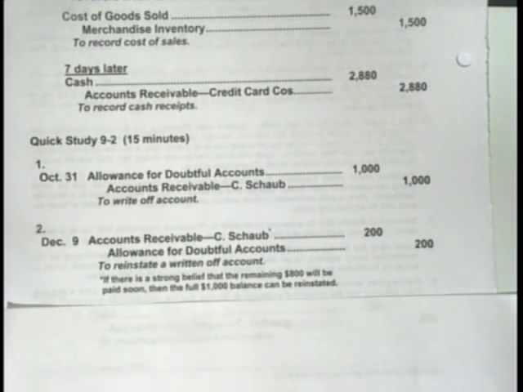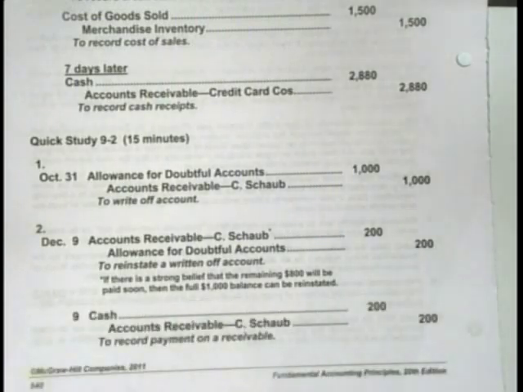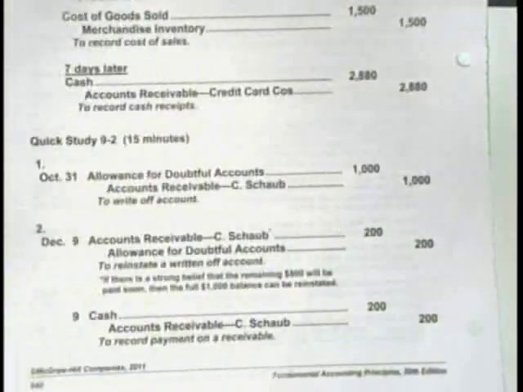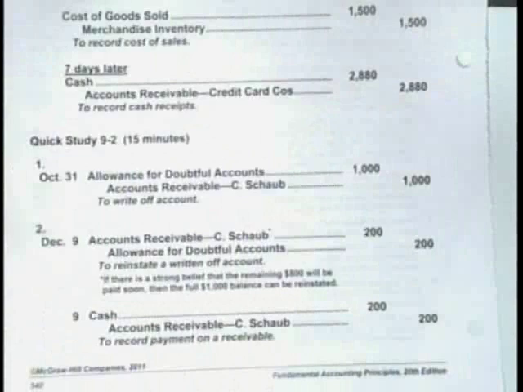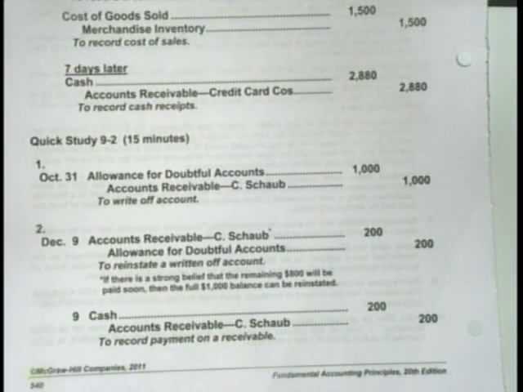But here we must have some belief that there's going to be $200 collected, and that's all. So we reverse that, and then we show the cash collection of the $200. And again, we do this even though AR is debited here and credited here. We do this because we want to show a record through the AR. So that's why we do that. Does that make sense for Quick Study 9.2?